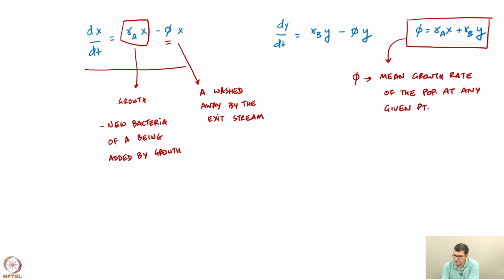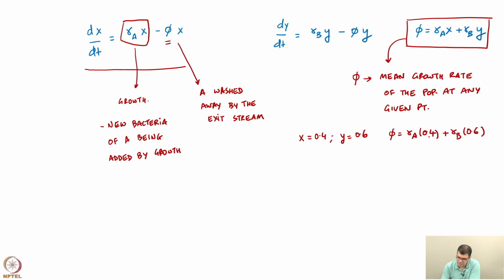And I say at any given point in time because while at a certain instant of time, when let us say x is 0.4 and y is 0.6, phi is going to be R A times 0.4 plus R B times 0.6.